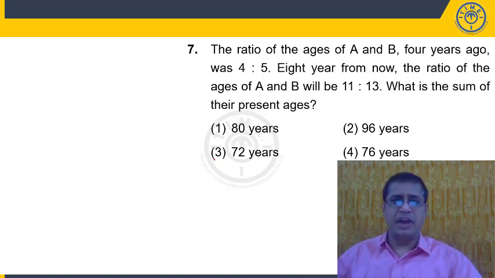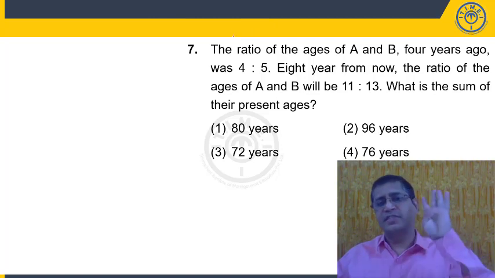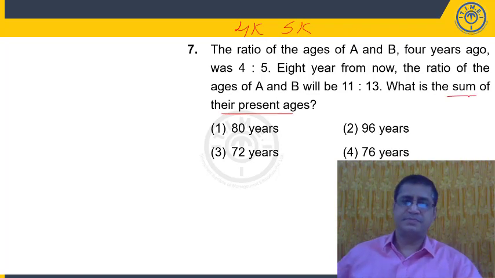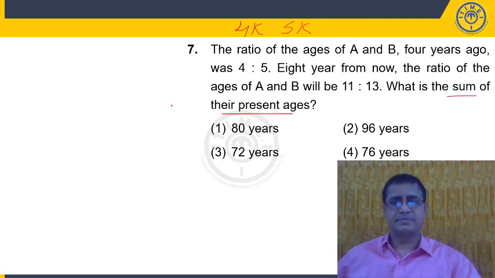Ratio of the ages of A and B 4 years ago was 4:5. So 4K and 5K. How many years ago? 4 years ago. What we need to find? Sum of their present ages. Additionally, here some data is given.